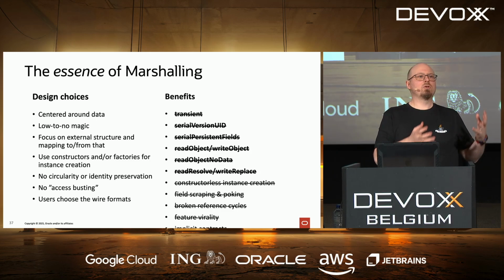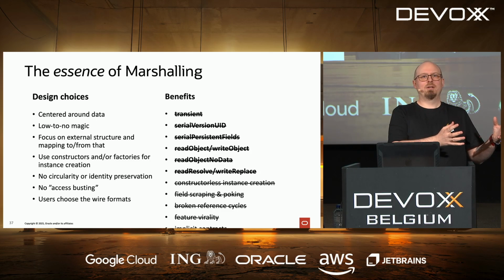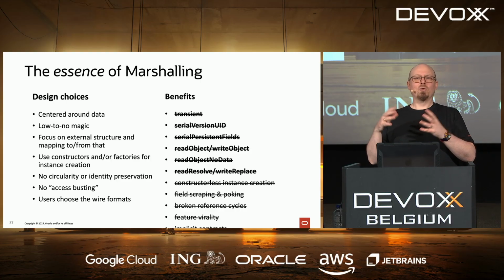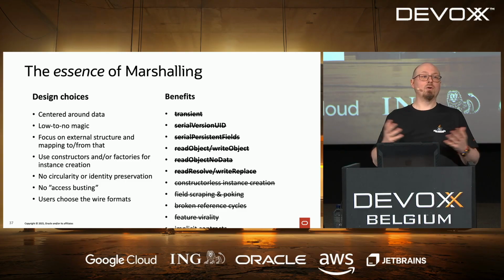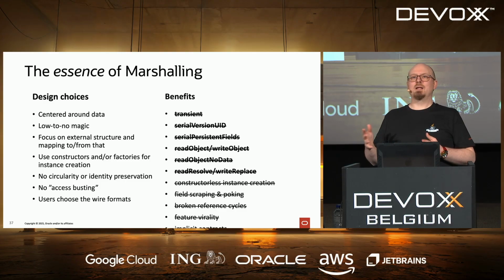When it's no longer teleportation, we can now choose what is more suitable for modern workloads and using everything that we've learned over the past 30 years. So serialization was created for a different purpose, and now we can create something that is for a more modern purpose.